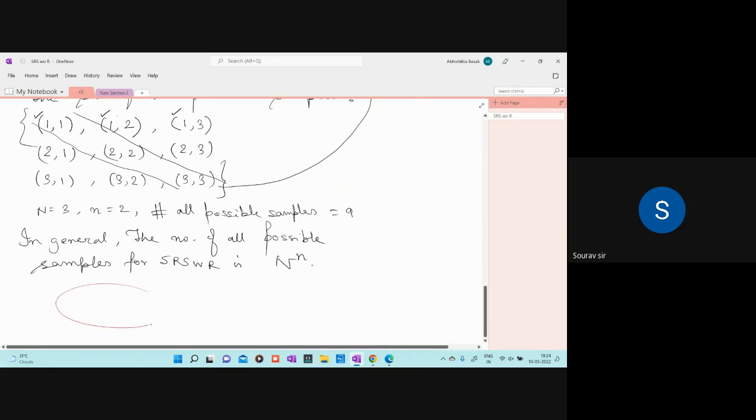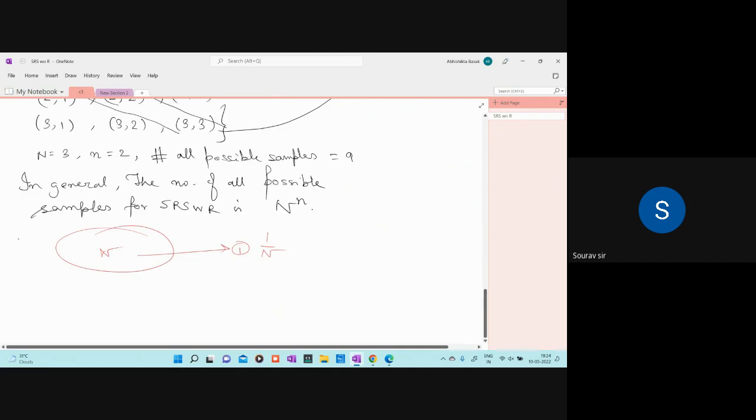Suppose I have capital N elements in the population. In the first draw, I am drawing one single sample with probability 1 by N. So in the next step, I have basically N minus 1 population units, and from here if I am going to draw another sample, the probability will be this. So the probability is not the same.